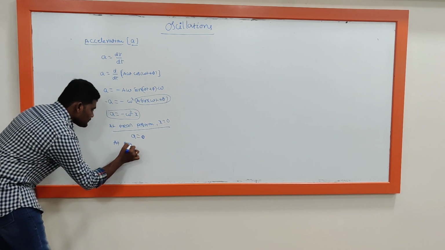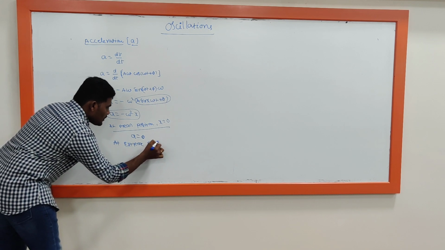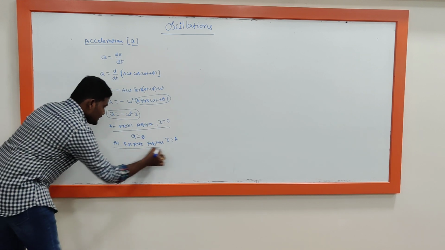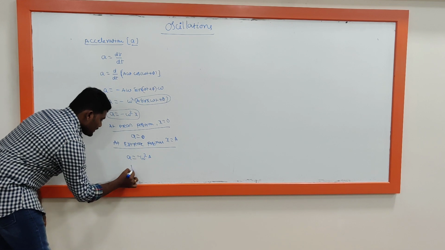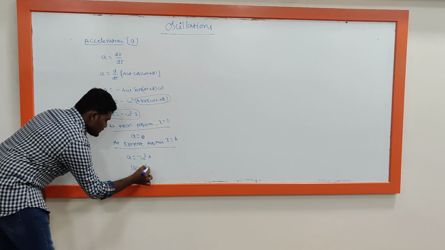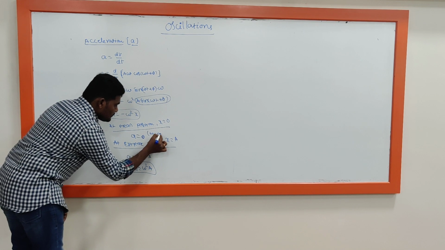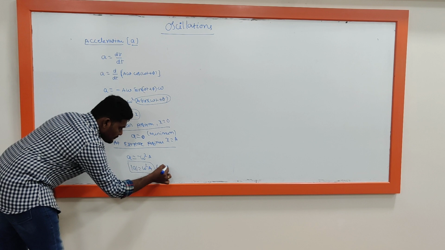Then at the extreme position, if you write x equal to a, the acceleration of a particle will be minus omega square into a. If you take the modulus, omega square into a, so the acceleration of a particle here will be the maximum.